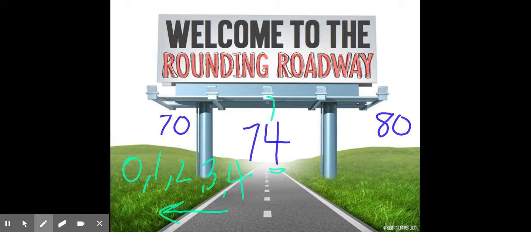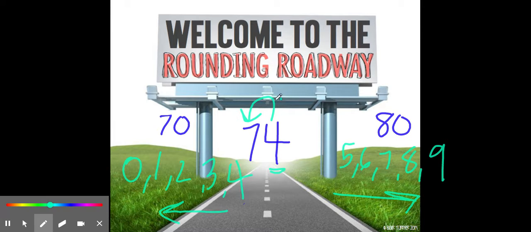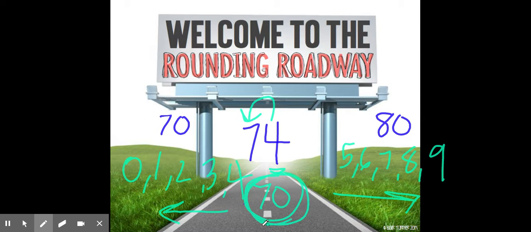If that digit in the ones place is 5, 6, 7, 8, or 9, it's going to round up to the next 10. So the neighbor to the right is always right and will tell that 10 what to do. 4 will tell the 10 to round down to the lesser 10. So 74 rounds down to 70.